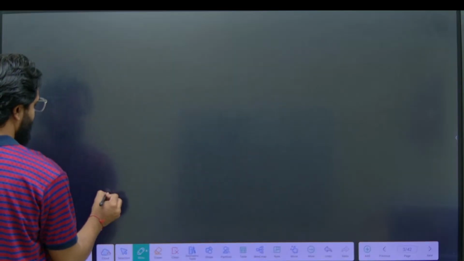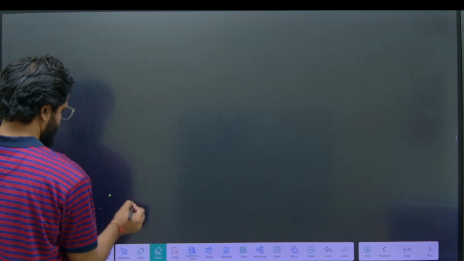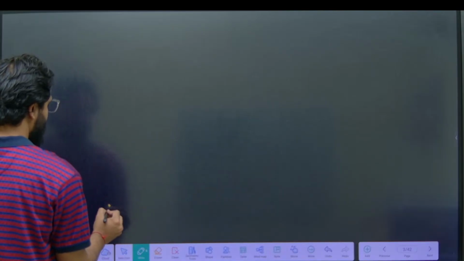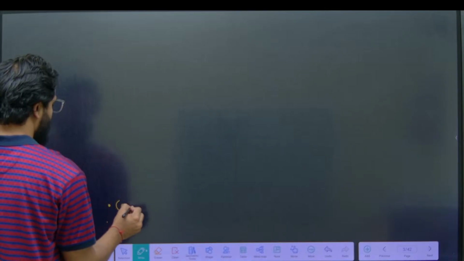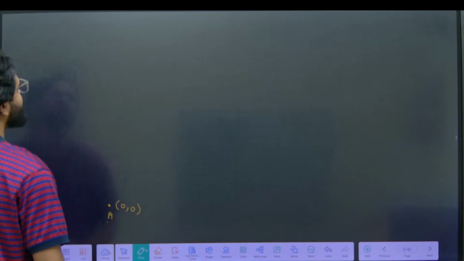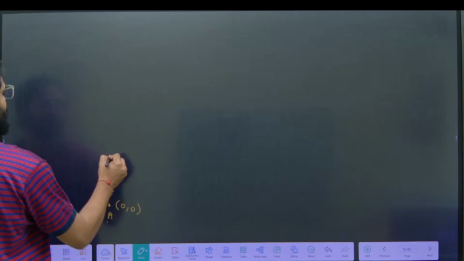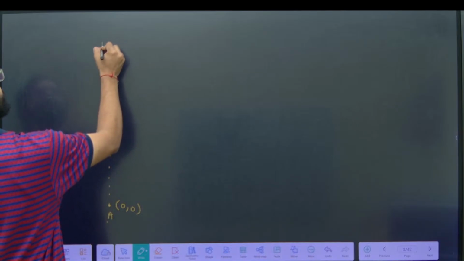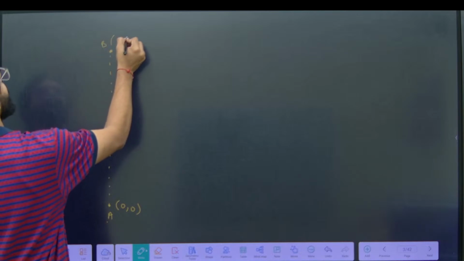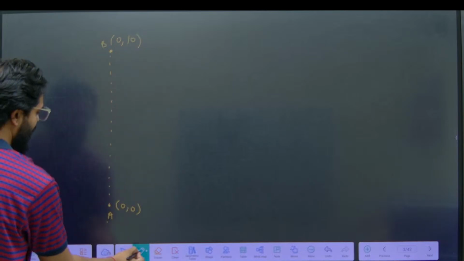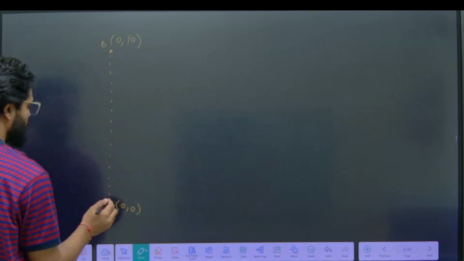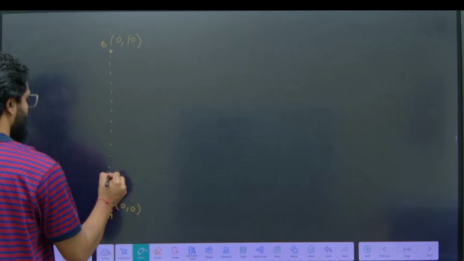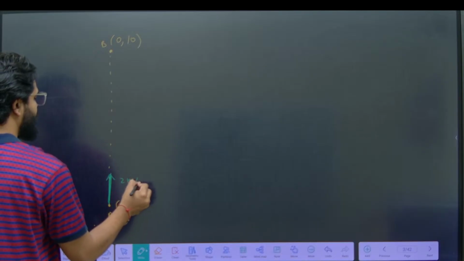Over here, there is a point A which is at the origin 0, 0. Above A, there is guy B whose coordinates are 0, 10. Guy A starts to move with 2 meter per second.